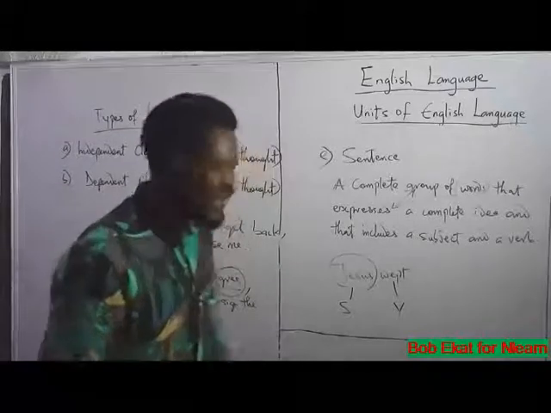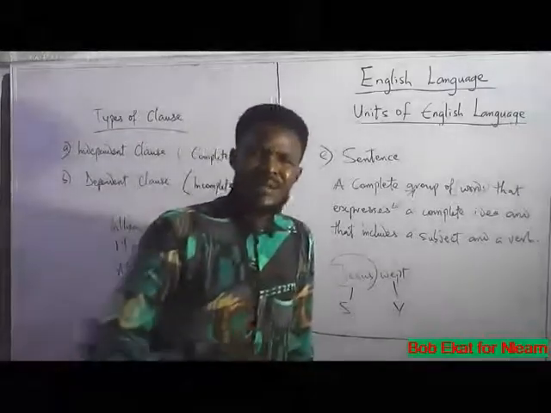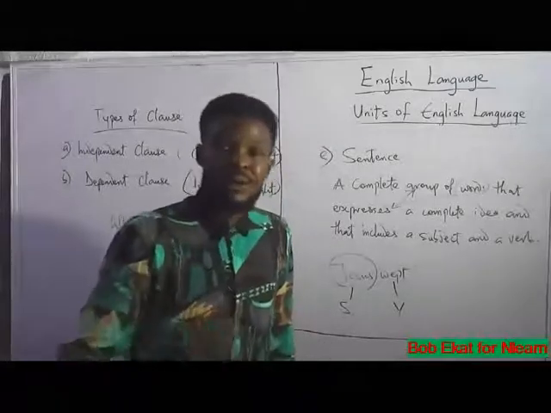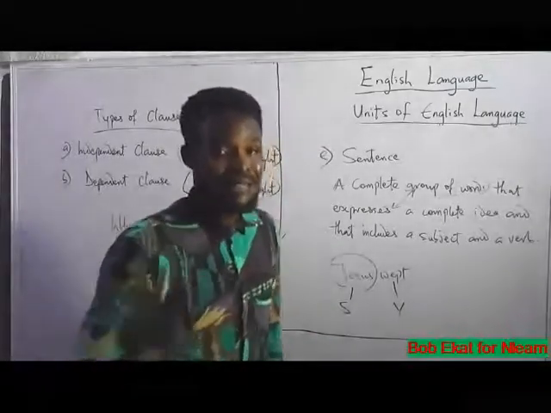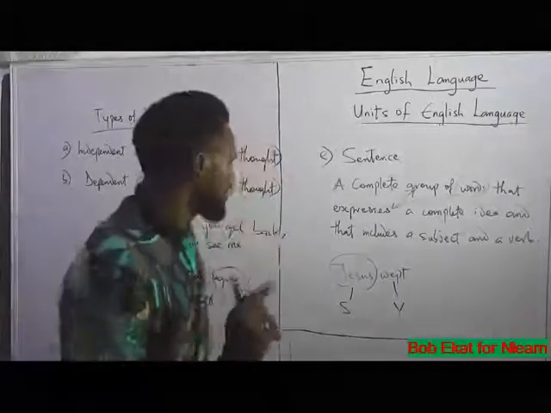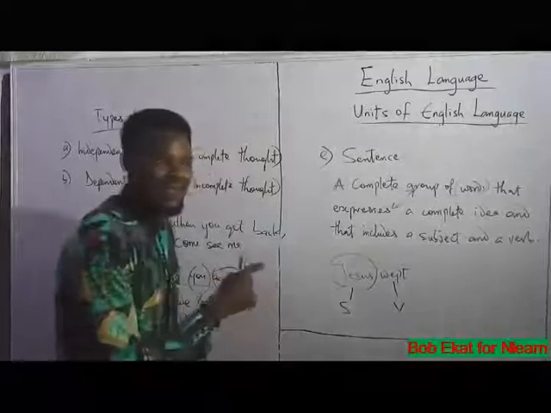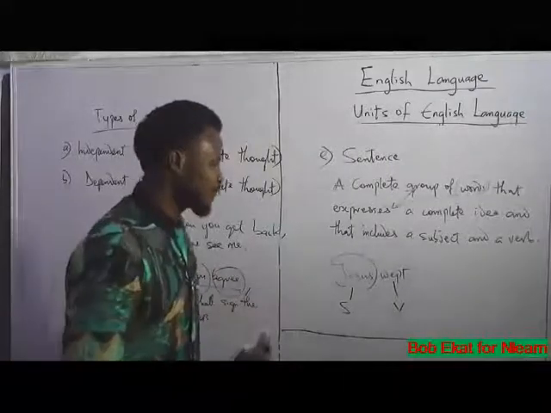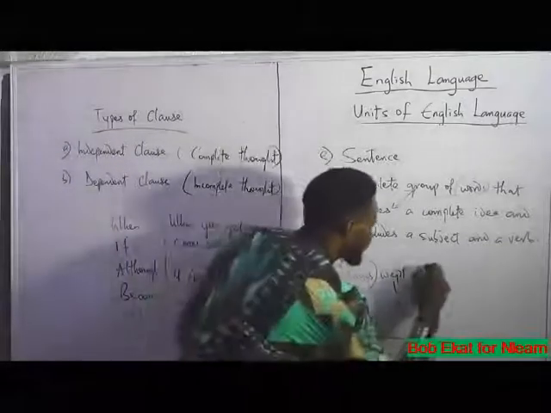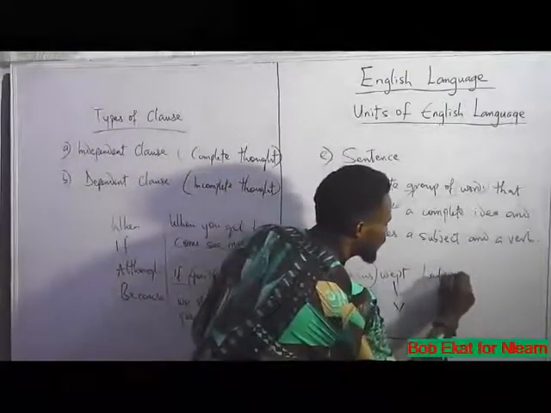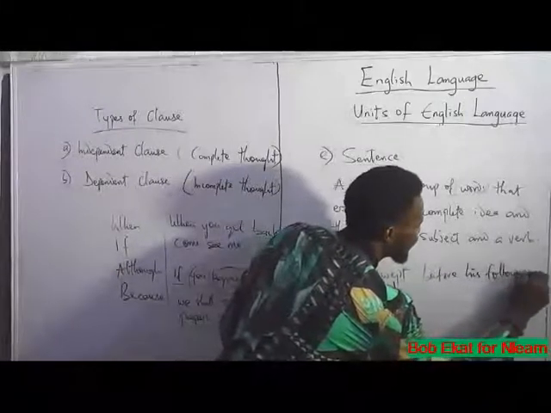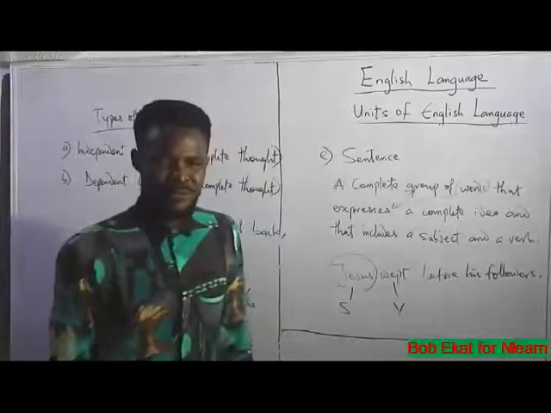Also, a sentence may not just have a subject and a verb. It may also have an object. So, Jesus wept here can be stretched further to include Jesus wept before his followers or disciples.